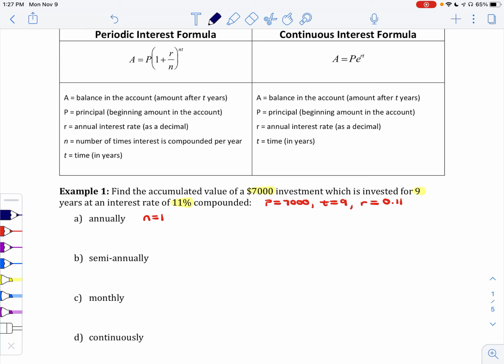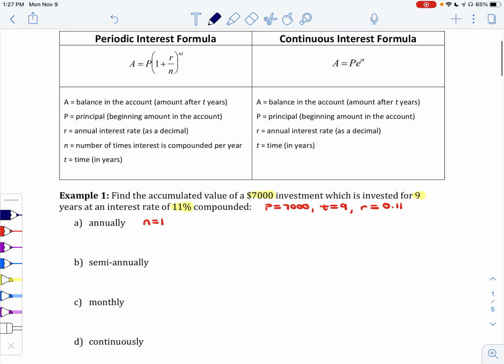All right, so if we take all this information and plug it into our formula, since we have a specific n value, we're going to use the periodic interest formula. We'll get A is equal to 7,000 times 1 plus 0.11 divided by 1 raised to the power of 1 times 9.